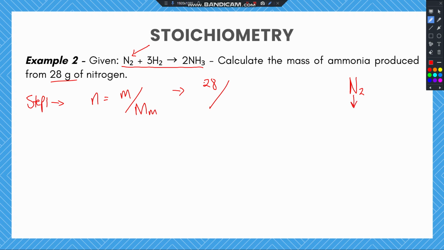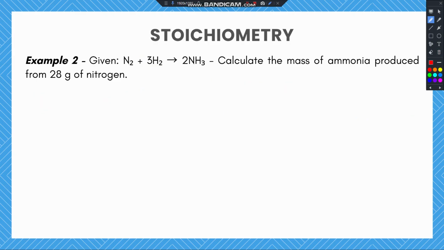And therefore the molecular mass becomes, nitrogen has the atomic mass of 14. This becomes 14 times 2, which gives us 28. So I have 28 divided by 28, which gives me 1 mole. So what this simply means is that I have converted 28 grams of nitrogen to become 1 mole.